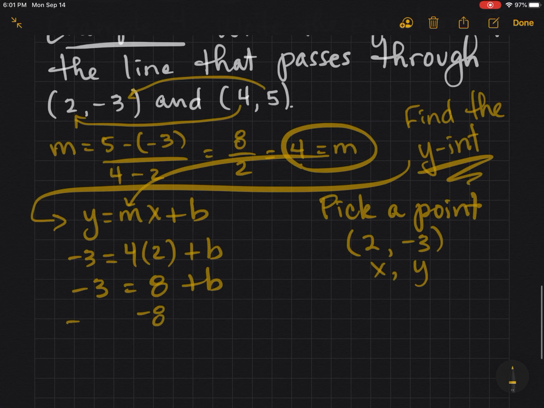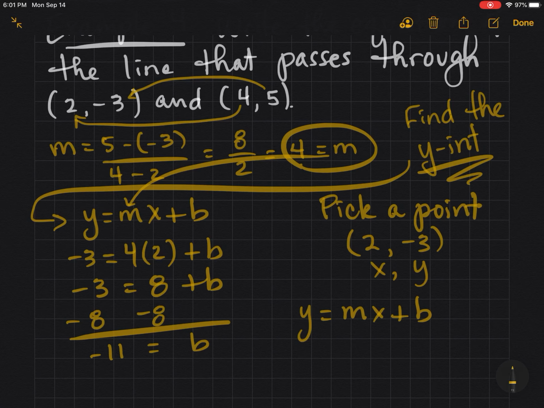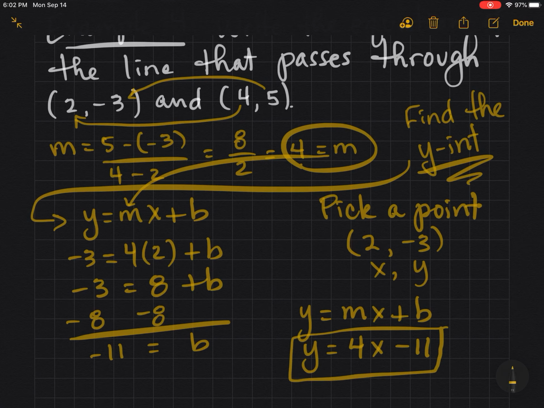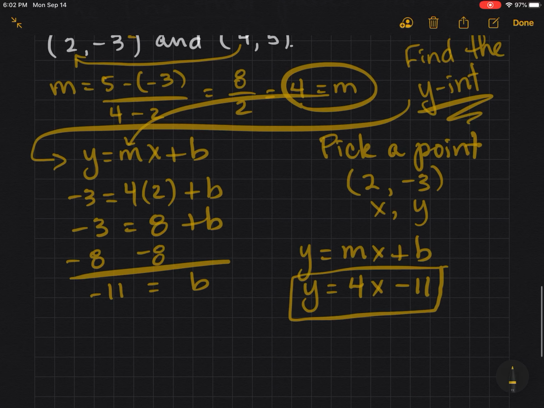Subtract 8 from both sides, and b equals -11. So now I'm ready. y equals mx plus b. And I know my m is 4, and my b is -11. Notice that I didn't say plus -11. I just made it -11. It's the same thing.